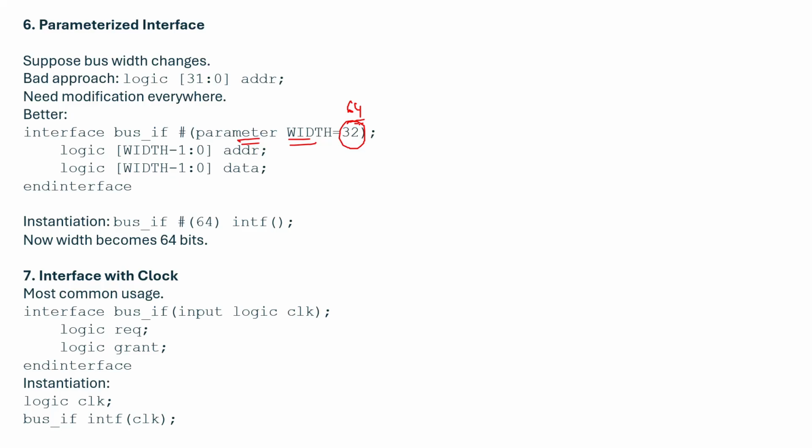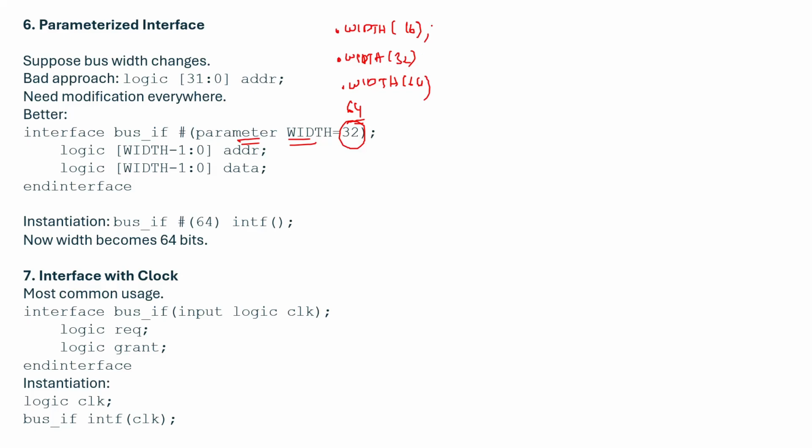Or in your TB, your interface is there. In that parameterized interface, whatever parameter you are writing, you can override it. How do you override that parameter? Like dot width of, previously I am using 16. Now you are overriding it with dot width of 32, or dot width of 64.